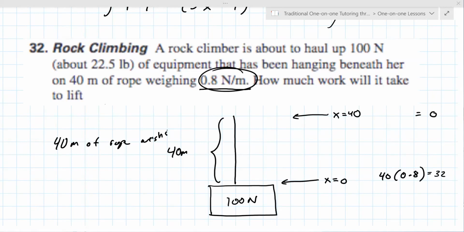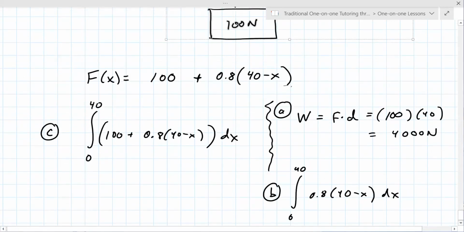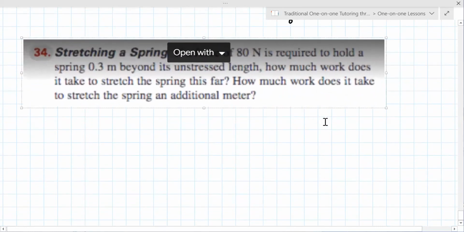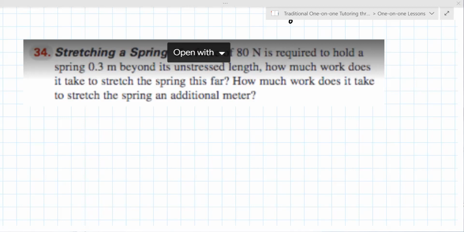Now number 34 here, stretching a spring. The spring formula is F equals kx.